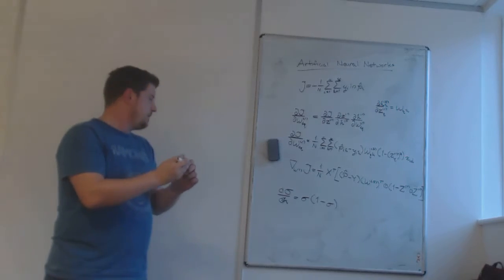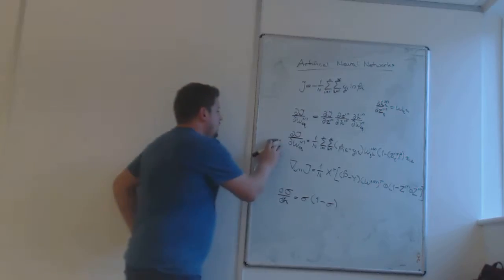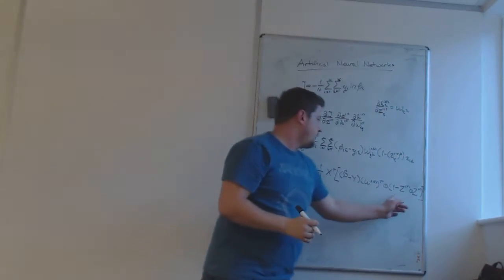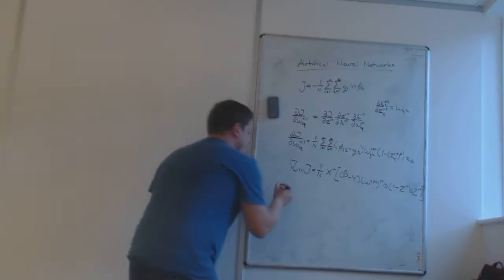You probably remember us calculating that derivative. So if you decided to use the sigmoid activation function, you just replace this with your sigmoid derivative. So this would end up looking like this.